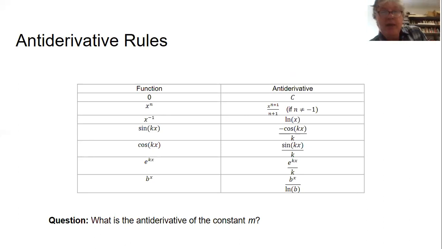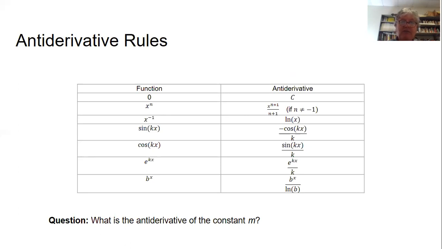And we can do a little bit better, right? Because we know that the derivative of sin(kx) is k cos(kx). So instead of multiplying by that k when we take the derivative, we divide by that k when we take the antiderivative.